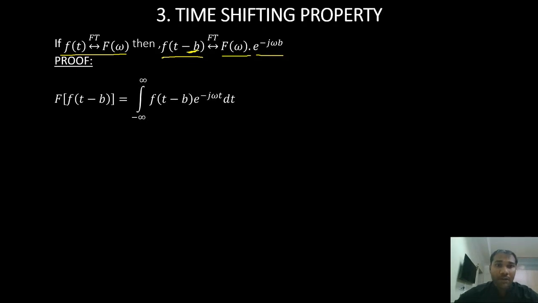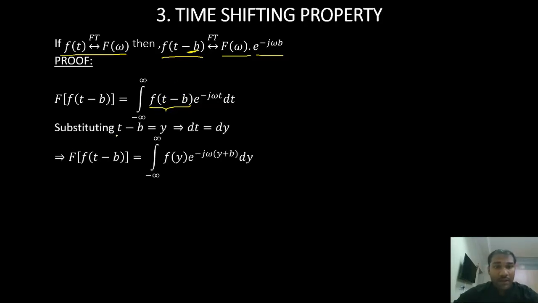We'll take the Fourier transform of f(t minus b). In place of f(t), we substitute f(t minus b). Let us assume t minus b is equal to y. When you differentiate on both sides, we get dt equal to dy, and the limits also do not change.